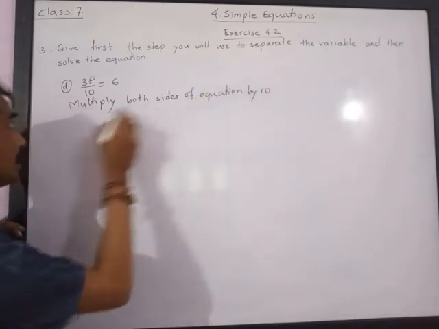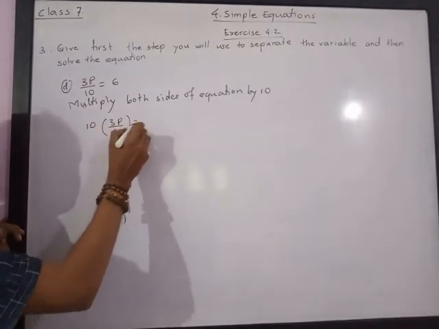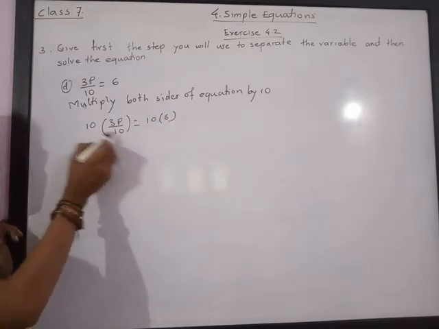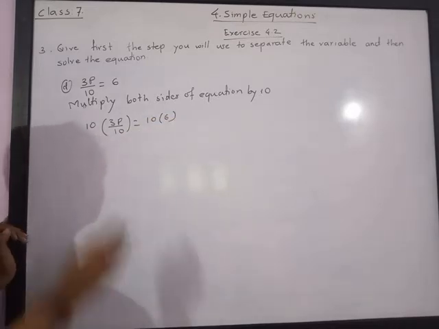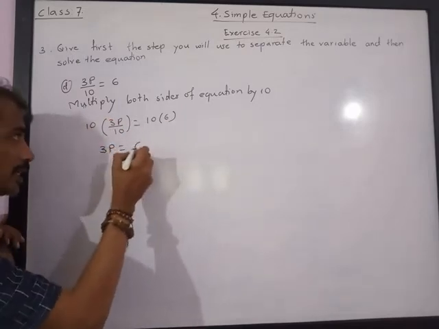So you will get 10 multiplied by 3p upon 10 is equal to 10 multiplied by 6. So this 10 divided by 10 is equal to 1. 3p will remain as it is. So you will get 3p is equal to 10 sixes are 60.